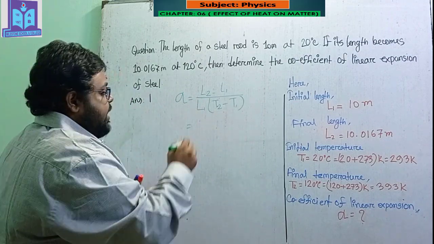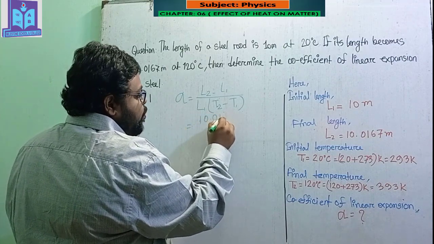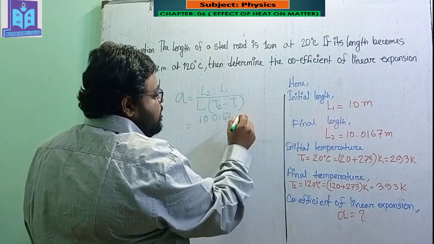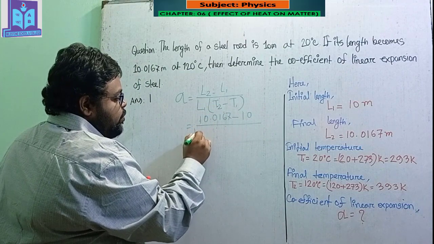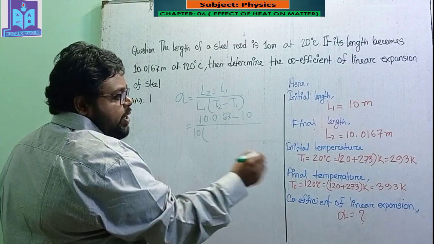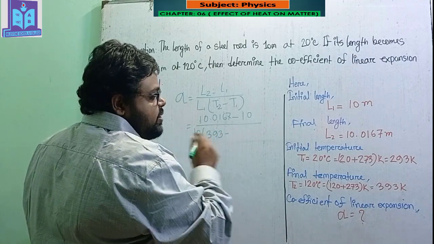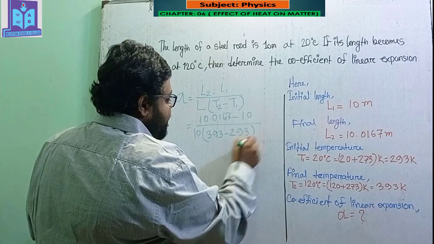Here you can see that L2 is 10.0167, L1 equals 10, T2 equals 393, and T1 equals 293.